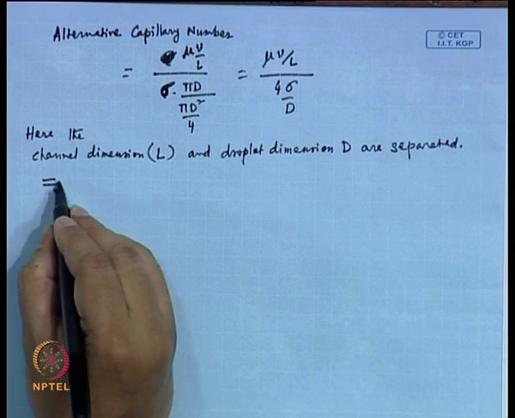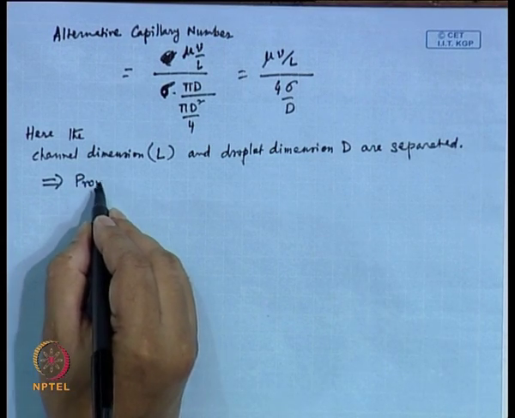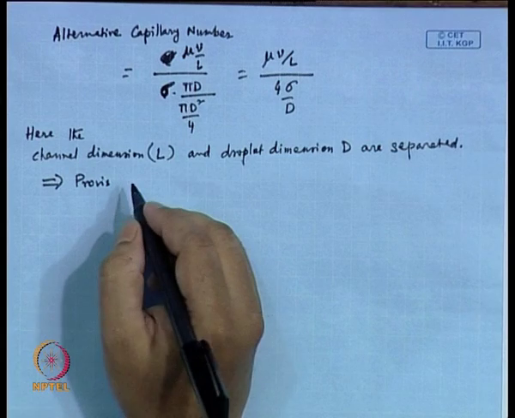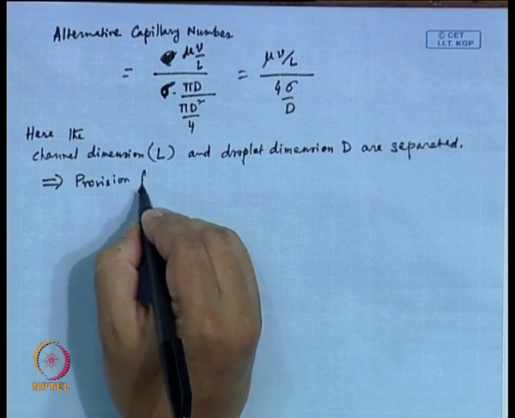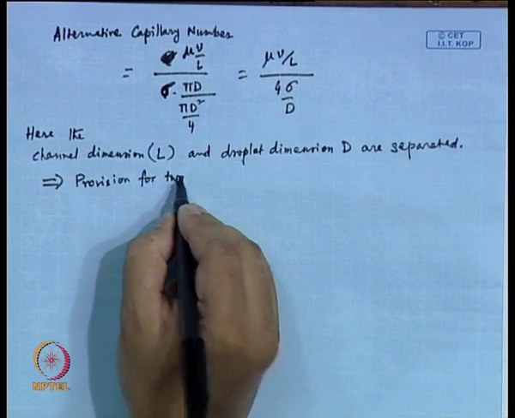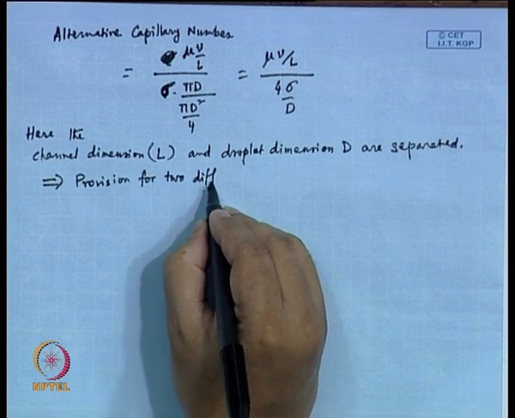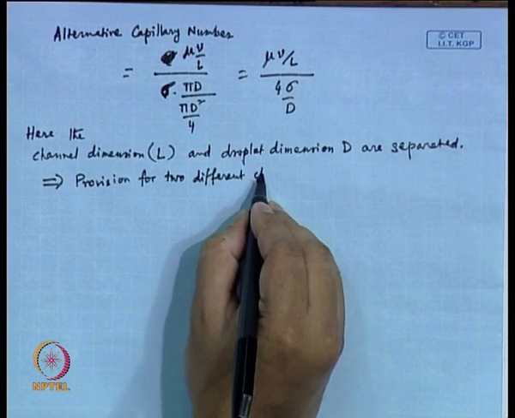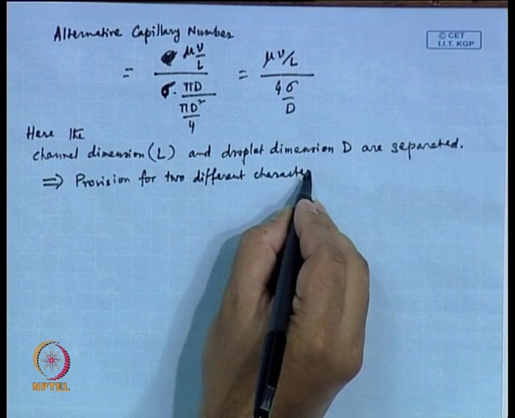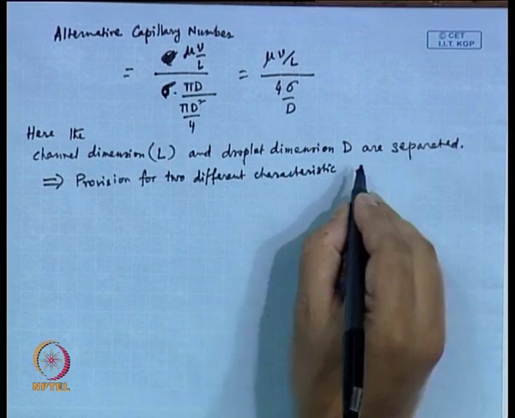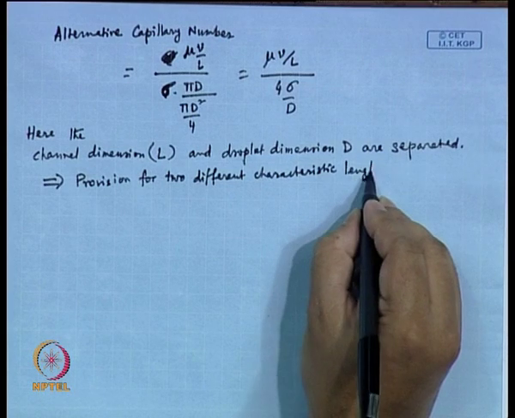So, this implies provision for two different characteristic length scales.